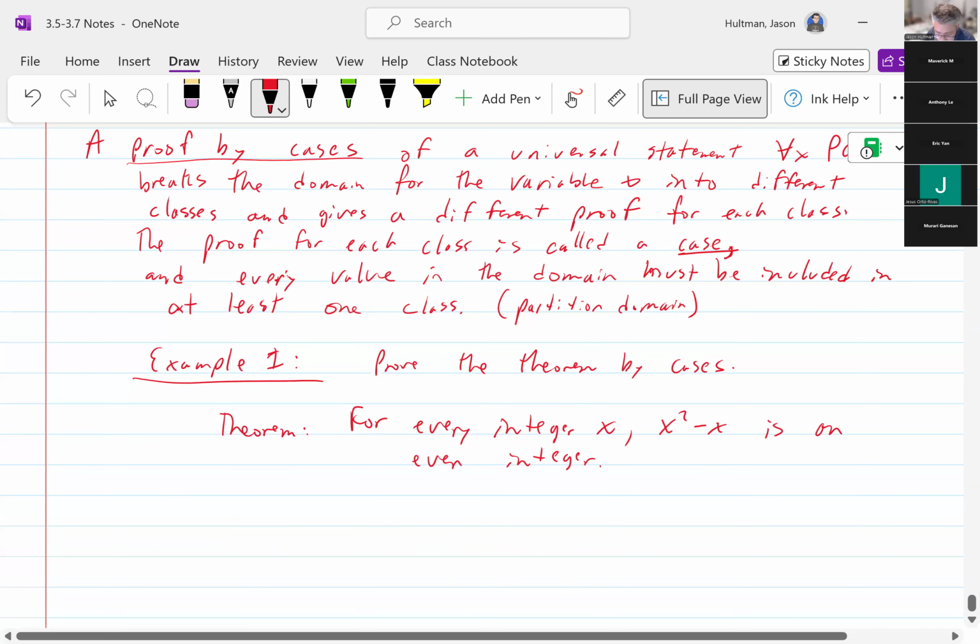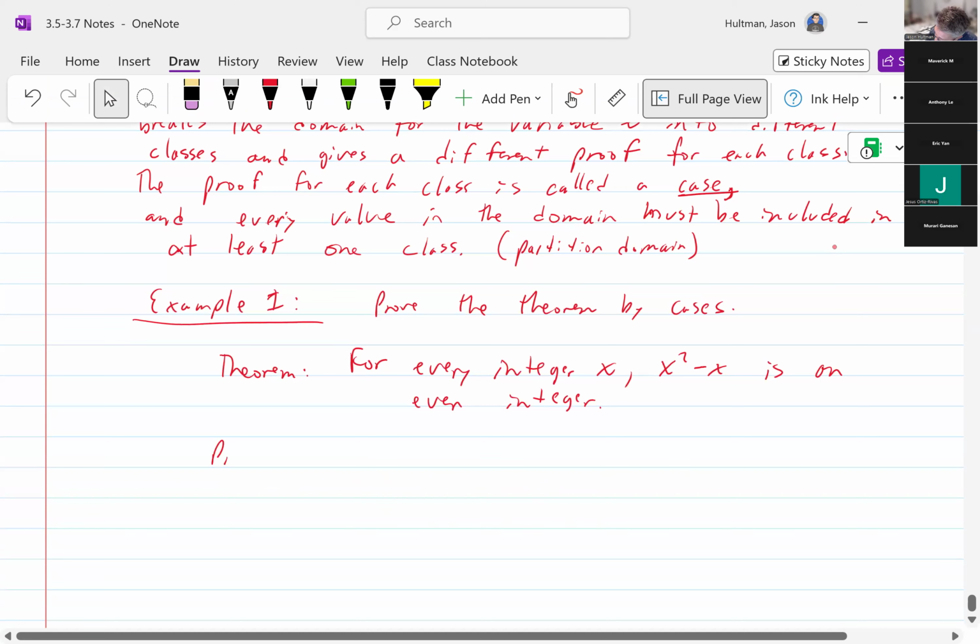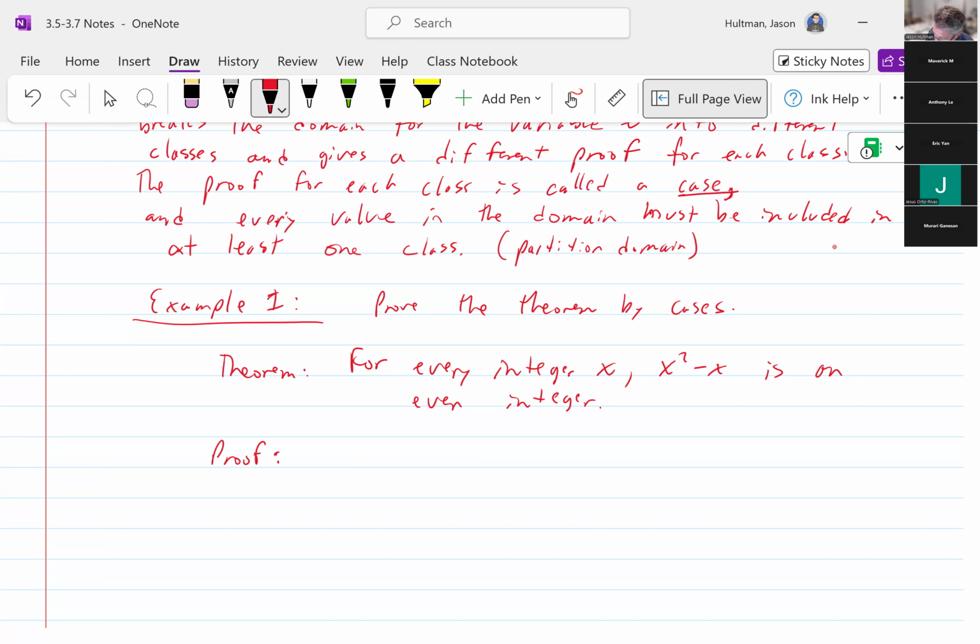Okay, so we're going to have two cases, right? We're going to first prove that this is even if we start with an even, and then we're going to prove that it's even if we start with an odd.